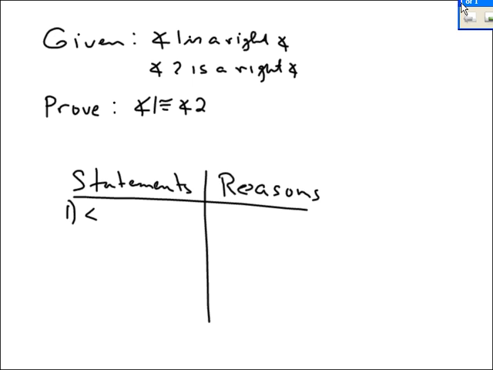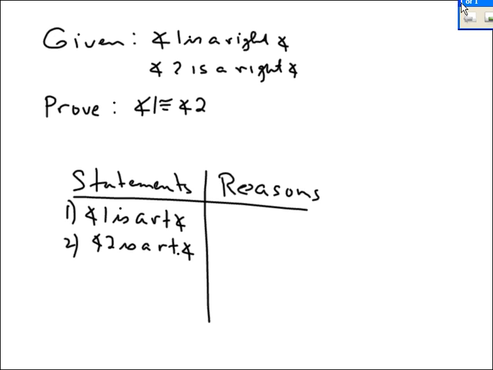Statement 1: angle 1 is a right angle. Angle 2 is a right angle. I could have listed that as statement 1 and statement 2. I just chose not to. In fact, let's just do that. Statement 1 and statement 2.